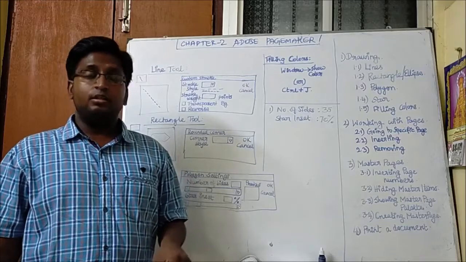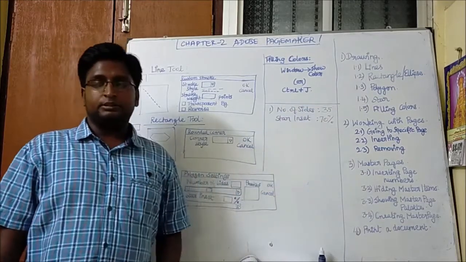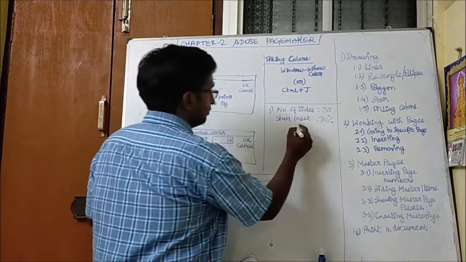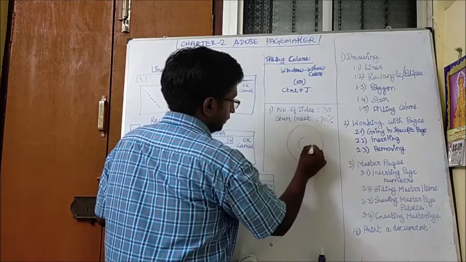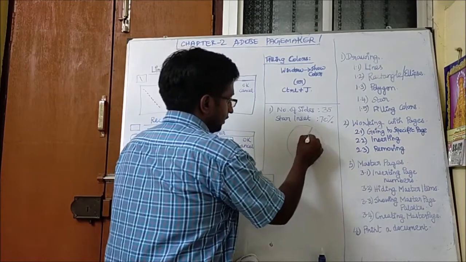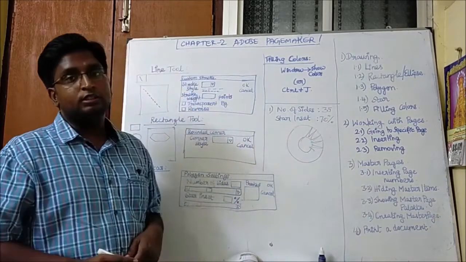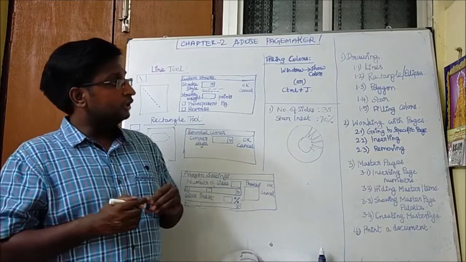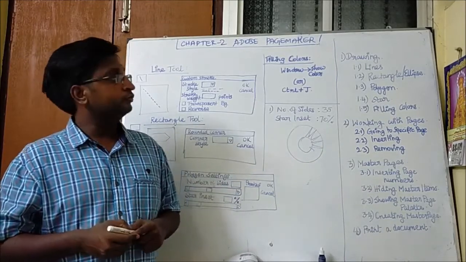You please change that. Number of sides as 35 and star inset is 70%. So 70% it will come towards inside. So like that, totally 35. So like this it will form the star. So this is how the star has been drawn with the help of polygon tool.